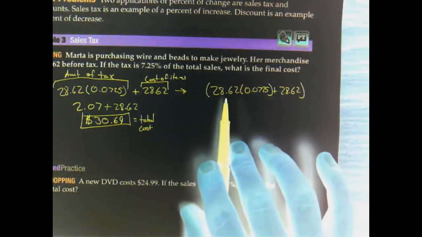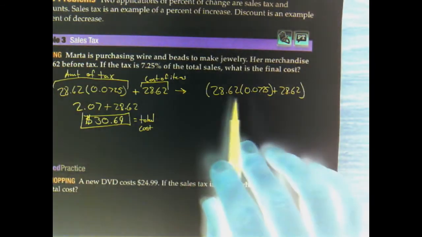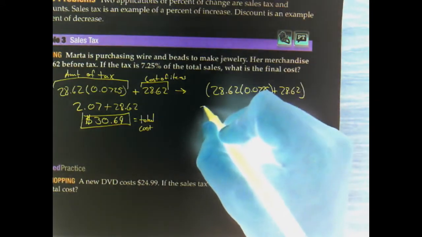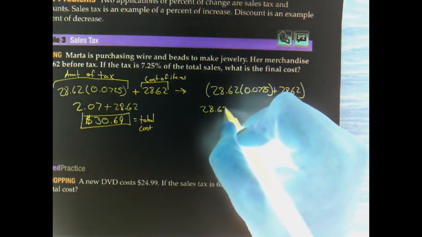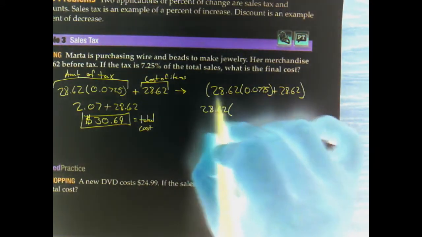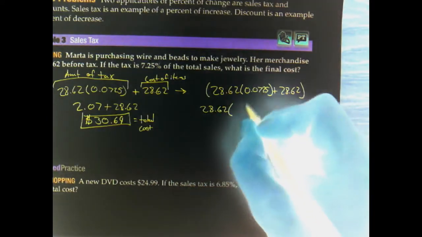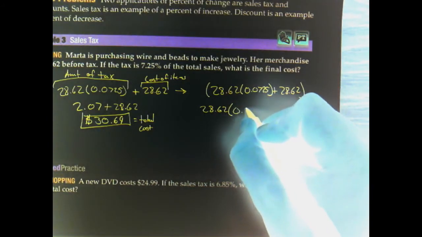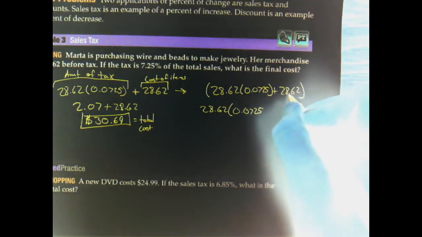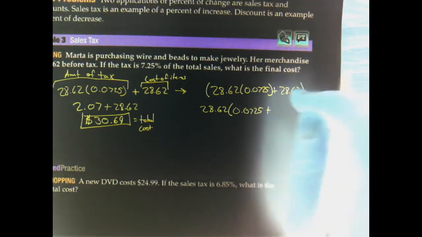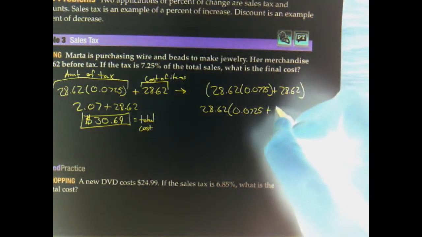I can do a reverse distributive property and factor out a 28.62. So I have 28.62, and when I factor out, I'm essentially dividing. So if I divide this first term by 28.62, all I have left is 0.0725, and over here I have 28.62 divided by 28.62, which is 1.